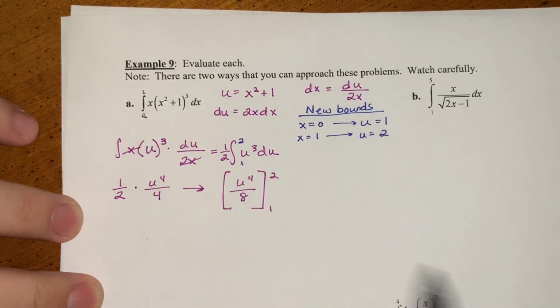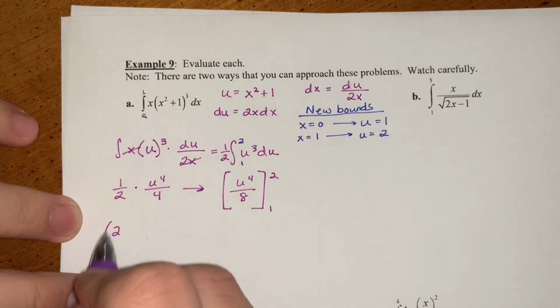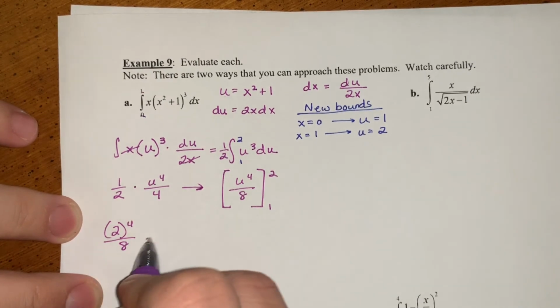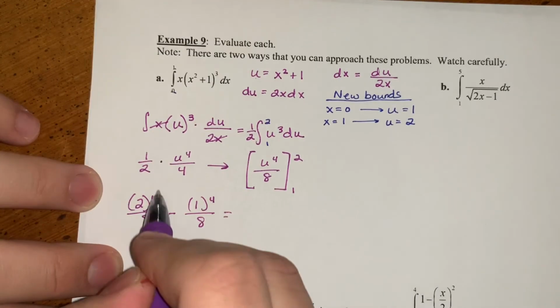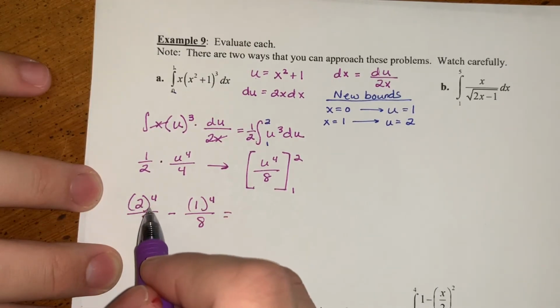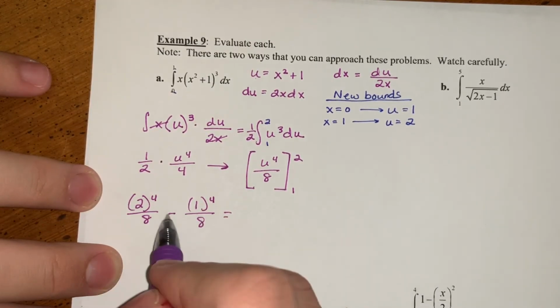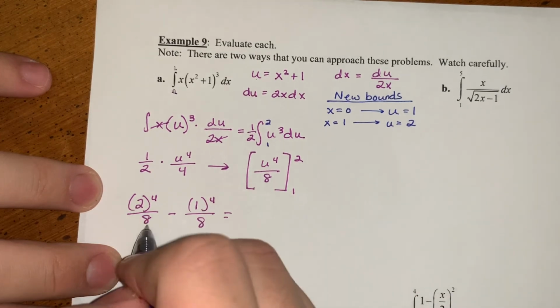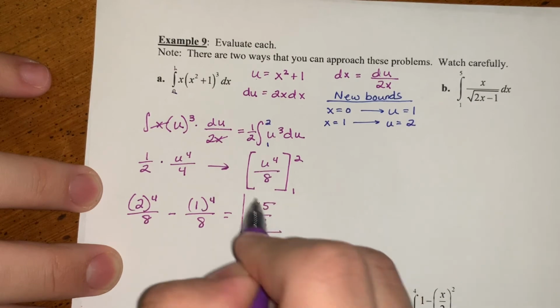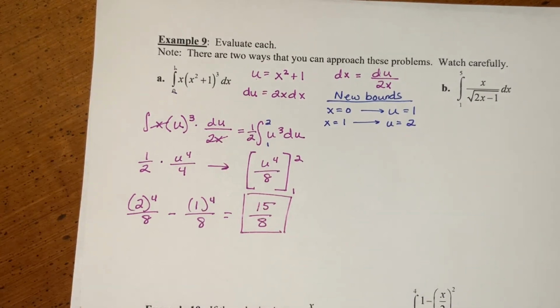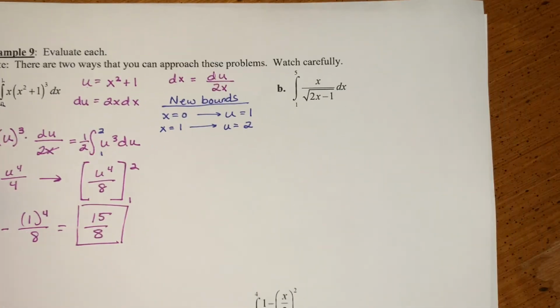So I plug in my 2: 2 to the 4th over 8 minus 1 to the 4th over 8. So that becomes 2 times 2, 16. 16 over 8 minus 1 over 8 becomes 15 over 8. There's my answer.